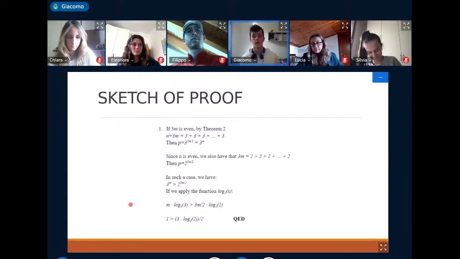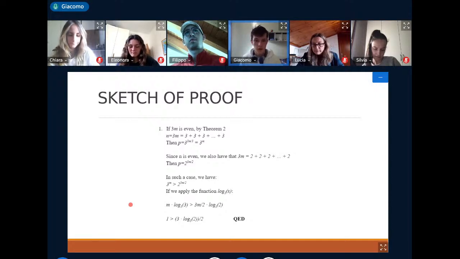if n is equal to 3m, and if n is even, by theorem 2 we can say that n equals 3m and it equals 3 plus 3 plus 3, m times. Then p is just 3 to the power of m.